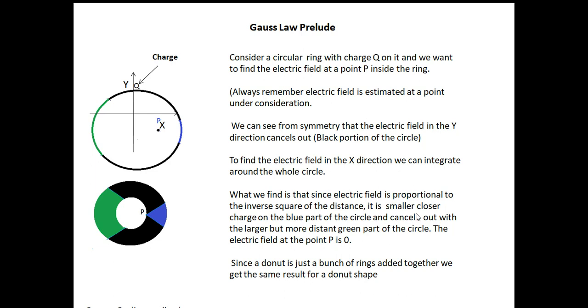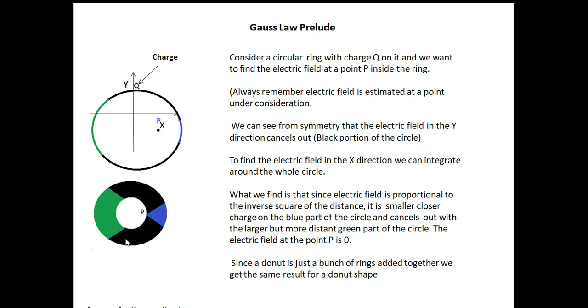It is smaller closer to the charge, so here this is smaller and here it is larger at this point. So it is smaller, closer charge on the blue part of the circle and cancels out with the larger but more distant green part of the circle. The electric field therefore at point P will be 0.